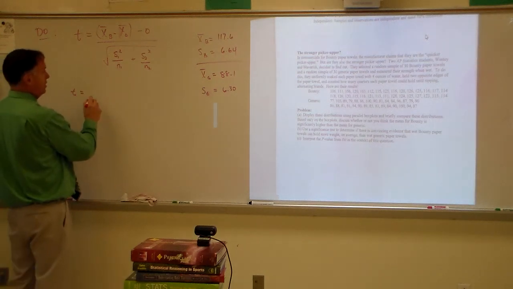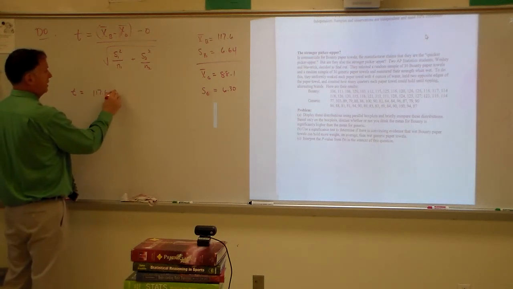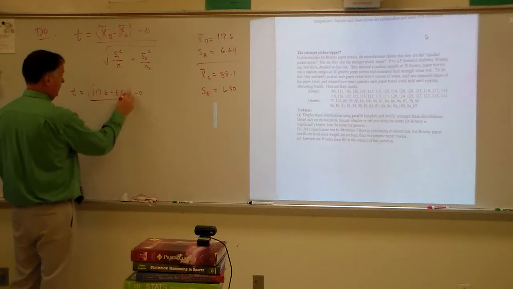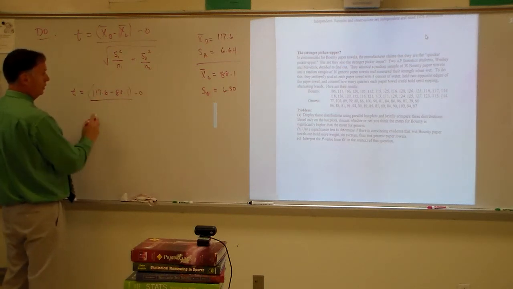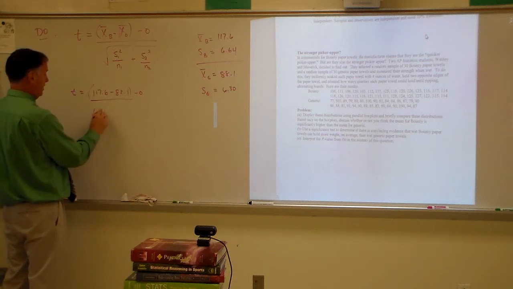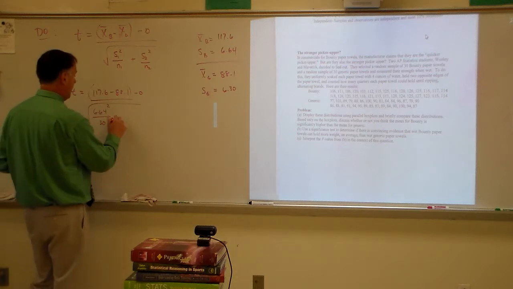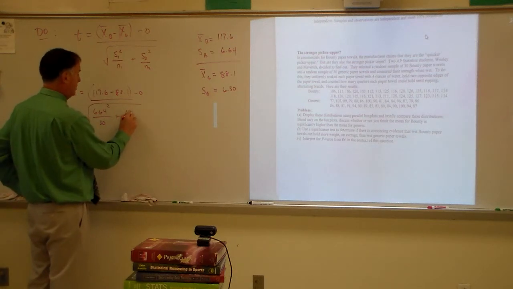So this is going to be 117.6 minus 88.1 minus 0, right? Over 6.64 squared divided by n1, which is 30, and then 6.30 squared divided by 30.